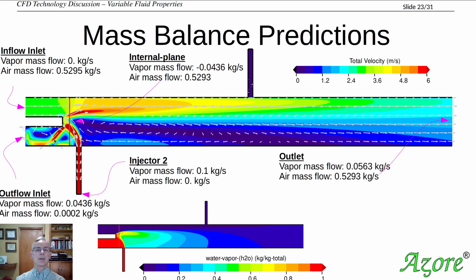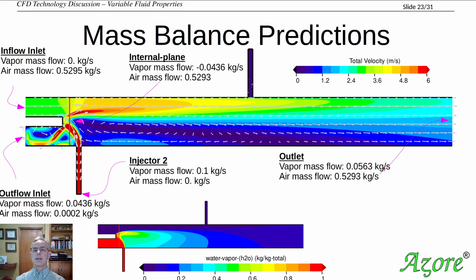Once again, the mass flow that crosses this barrier is a little bit different. We actually have a negative mass flow rate crossing this barrier, and all of our air is actually crossing this barrier, so none of it is getting swept back in here.